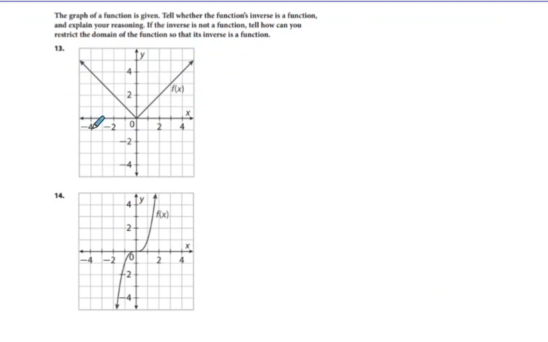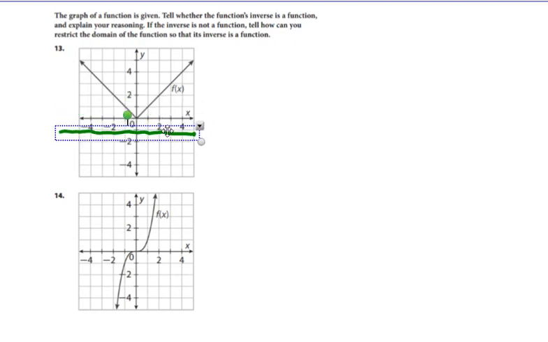Well, you might remember that the test for a function is the vertical line test. To test if a function has an inverse that is a function, we use something called the horizontal line test. What we do is create a horizontal line like this one here I'm doing in green, and then you bring it up, and if the horizontal line touches the graph of the function in more than one place, we say that this function fails the horizontal line test.